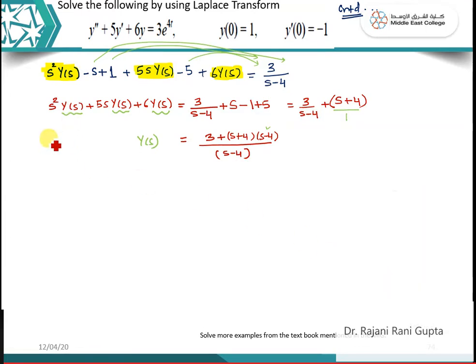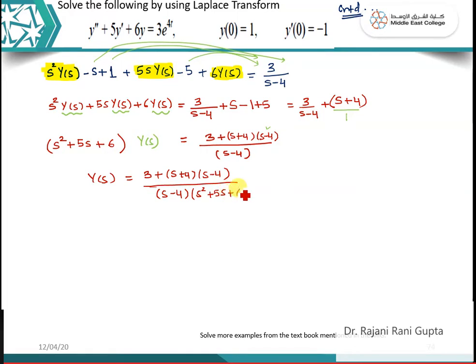In the first term we are left with s square plus 5s plus 6. Now when we want the value of y of s, we have to divide both sides by s square plus 5s plus 6. So this gives us 3 plus s plus 4 times s minus 4, divided by s minus 4 times s square plus 5s plus 6.